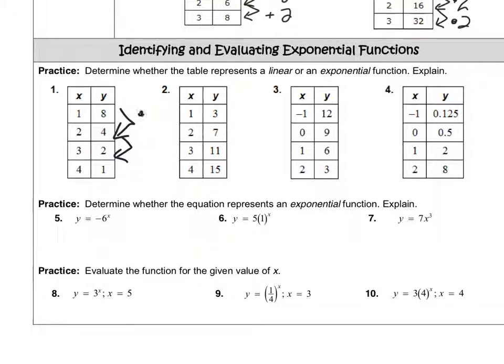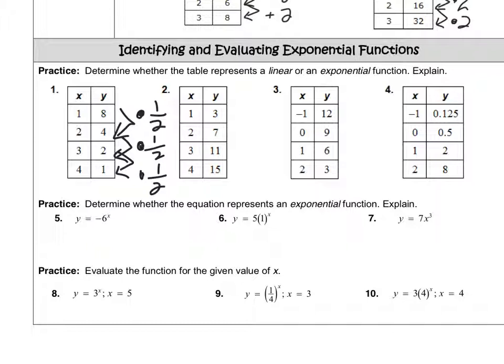Or you could also say dividing by 2, but I'd like to keep it as multiplying because that meets our formula. Okay, so 4 times 1/2 equals 2, and 2 times 1/2 equals 1. So we have an exponential function.